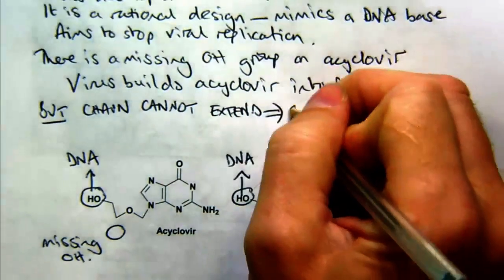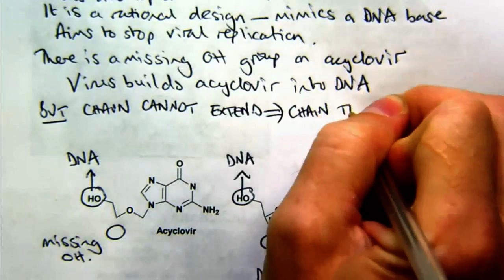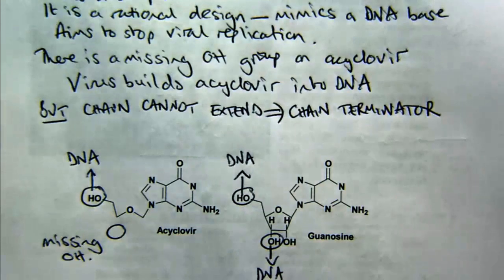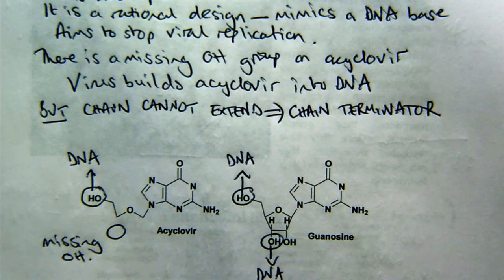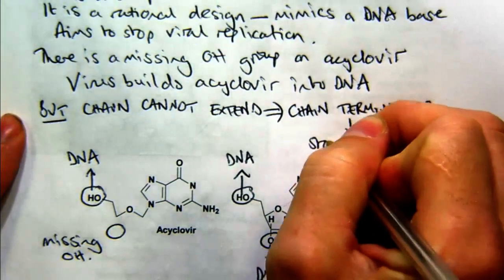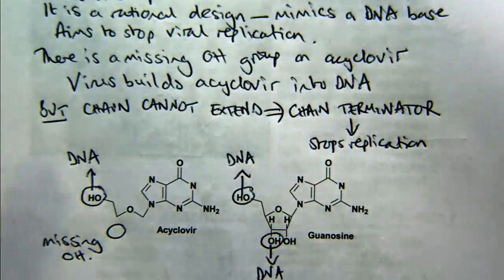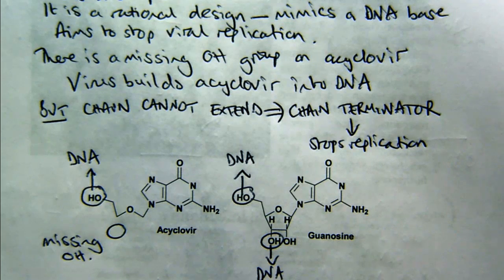Acyclovir is effectively, again thinking in polymer chemistry language, which is useful because DNA is a polymer, acyclovir acts as a chain terminator. It terminates the growth of the DNA polymer, and it terminates it before you've built the full DNA chain. And what that will do is that will stop replication. Because if you can't replicate, all the genetic material of the virus can't make its proteins properly, it can't make a copy of its coat and fill it up with more DNA and go on to reproduce itself. You're stopping that process of viral replication.